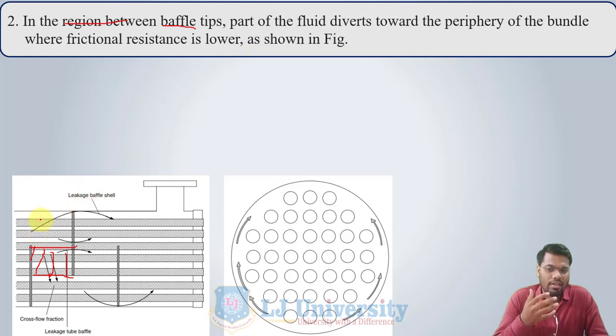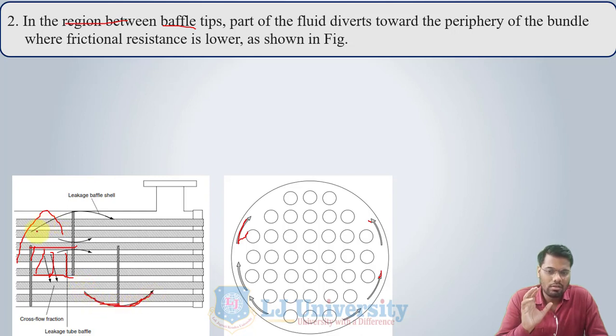If there is a large quantity of fluid, from this figure you can see this is the outer periphery of the shell. This is the front view of the shell and tube heat exchanger. At this outer side, you can see in this arrow that the fluid is going to flow through the clearance between the baffle and the shell side.